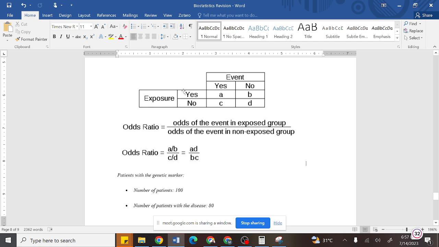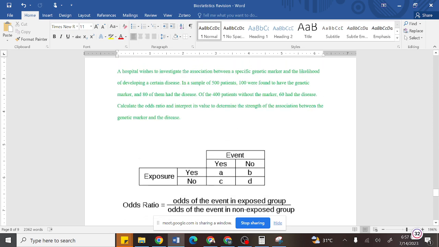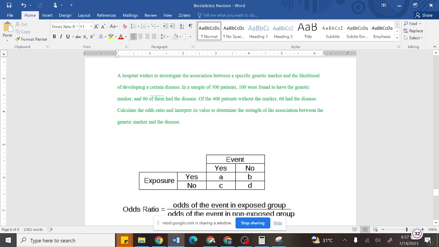Okay, so here you have exposures, which in this case is the genetic marker. So there are people who have the genetic marker and they have the disease. How many are they? Look at the question.